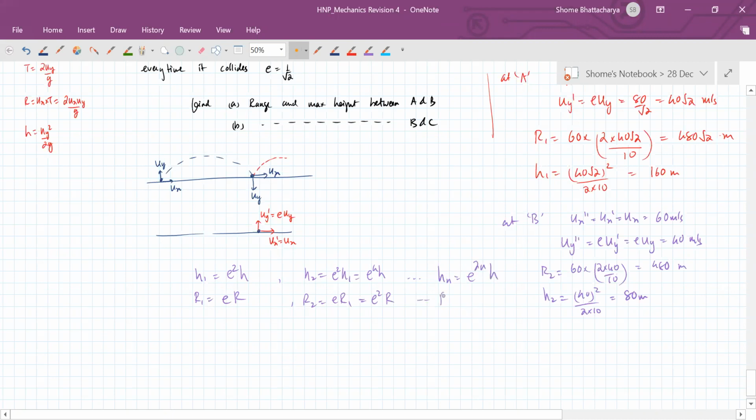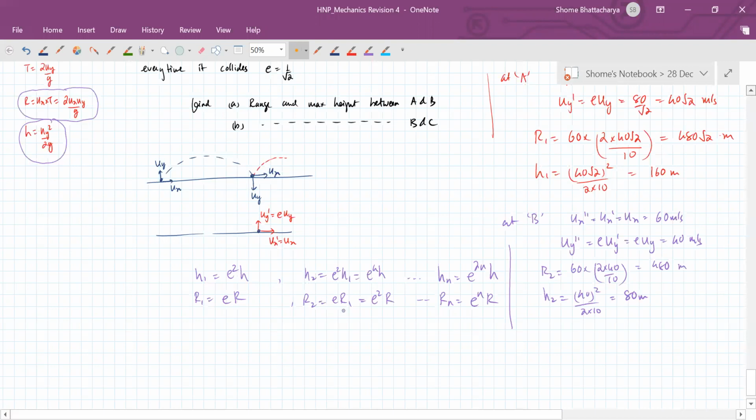And your range will become e to the power n times the original range. Right, this is going to be a GP where your height keeps decreasing by a factor of e square every time, and your range keeps decreasing by a factor of e every time. Why? Because your height depends on uy square, and uy decreases by a factor of e. Whereas your range depends on the product of ux and uy. ux is remaining conserved, but uy is getting multiplied by a factor of e.